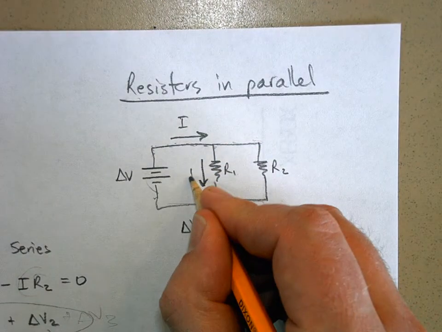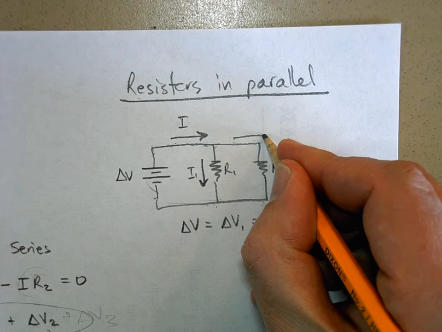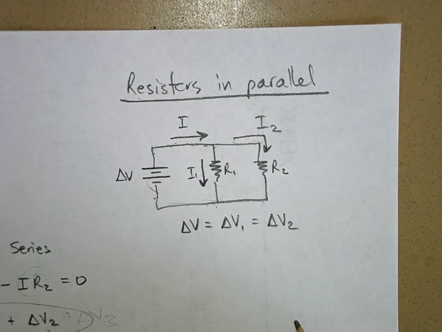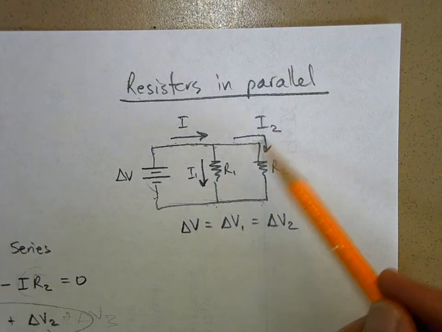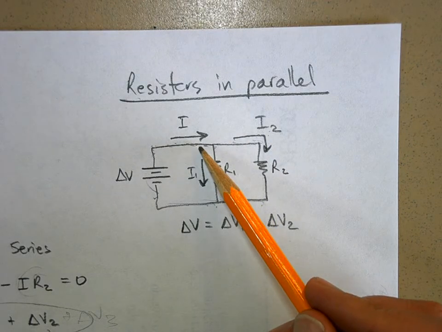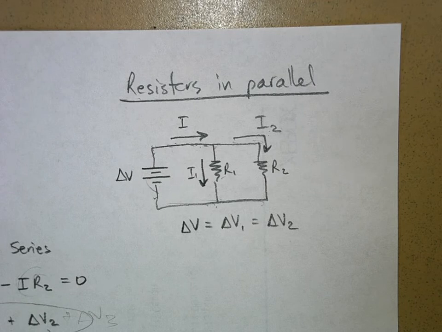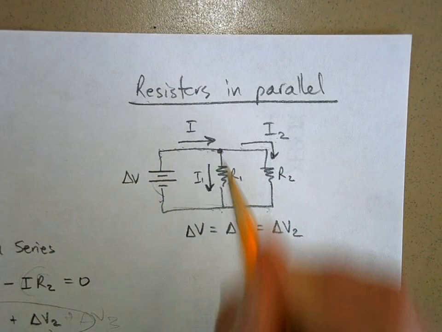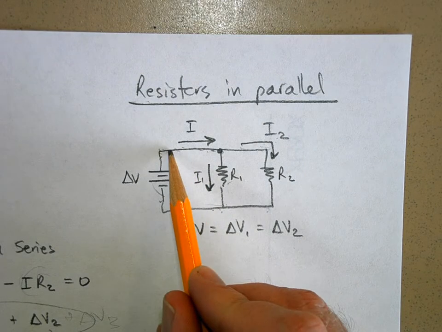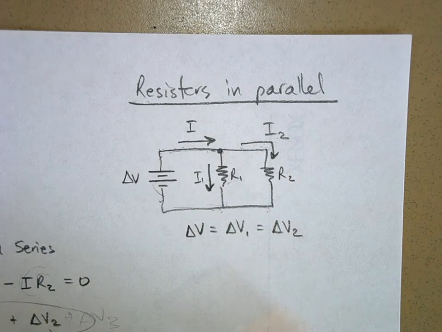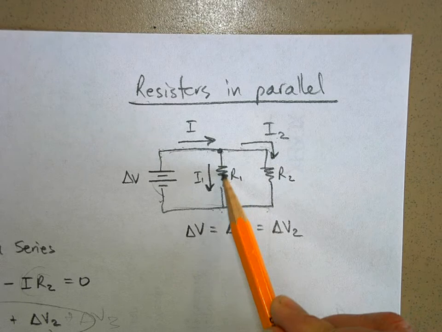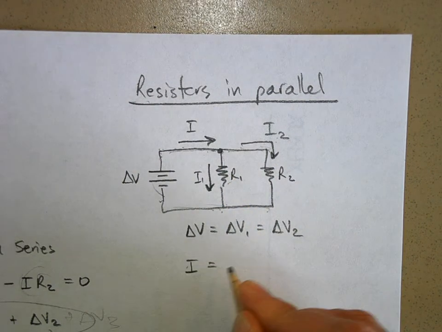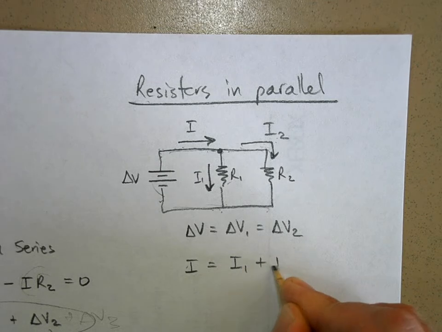Here's I1, and here's I2. Well, what do you think? I1 and I2 better add up to I. Conservation of charge. You can't just create current out of nothing. So this is called a junction right here, and the amount of charge that goes in has to be equal to the amount of charge that comes out. So I is equal to I1 plus I2.